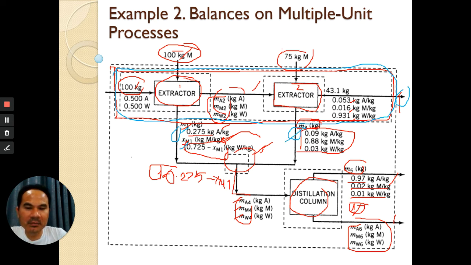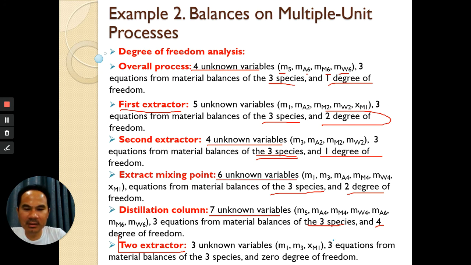So 3 unknowns and 3 species, or 3 independent equations. You can solve for this. It's good luck because if you balance around the 2 extractors, we have 3 unknowns and 3 independent equations, giving 0 degrees of freedom. You can solve this.